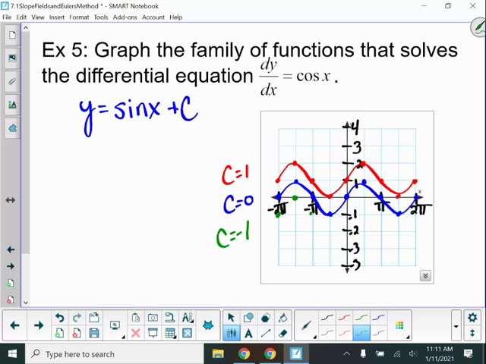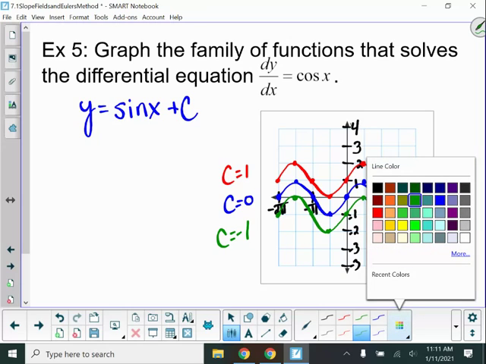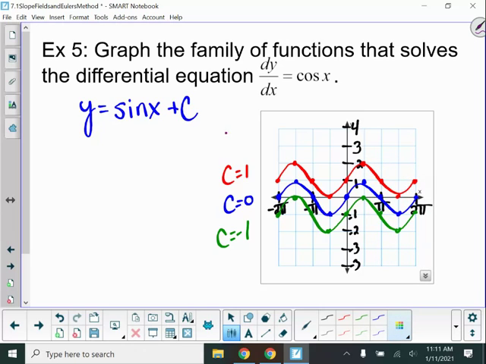That takes everything and moves it down 1. Your c could also have been a fraction. I'm not going to actually graph if it was 1/2 or negative 1/2, but it could be. Let's do one more here. Let's say my c was 3. So I would take everything in the blue line and move it up 1, 2, 3.